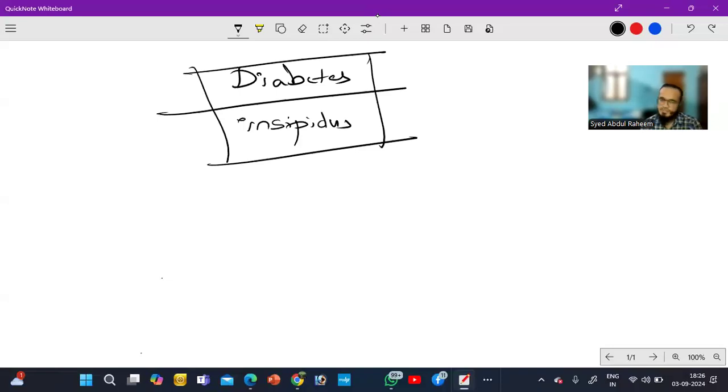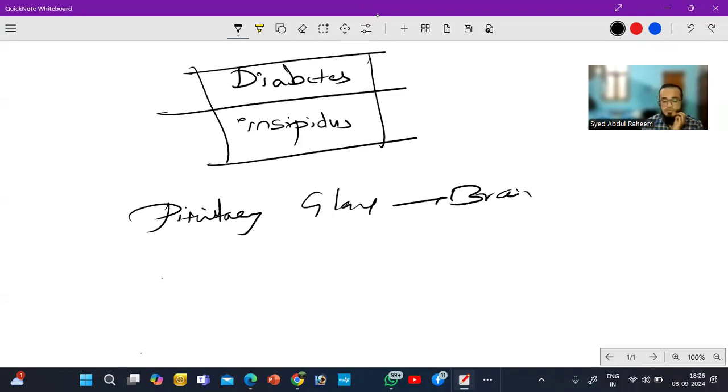Everything, let's discuss. So basically, we have the pituitary gland, which is present in our brain. It releases most of the important hormones and is the important gland in our body.